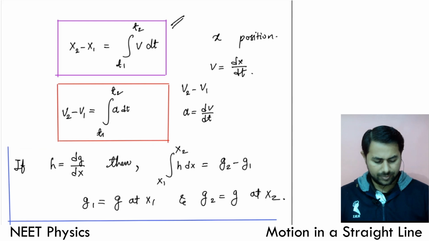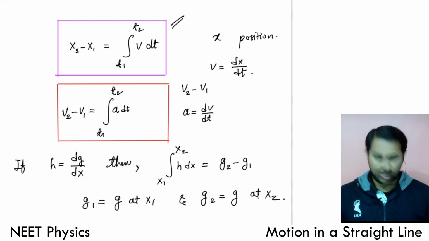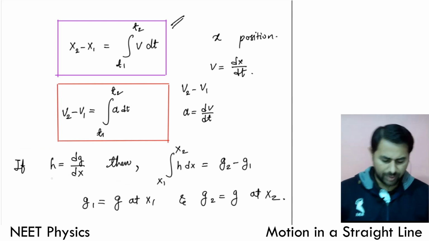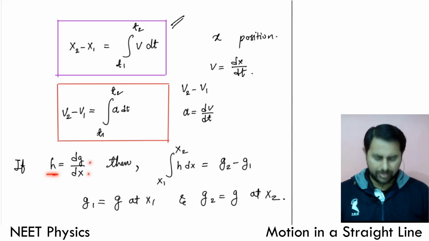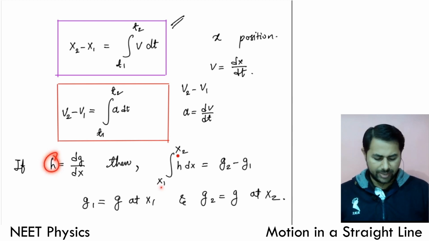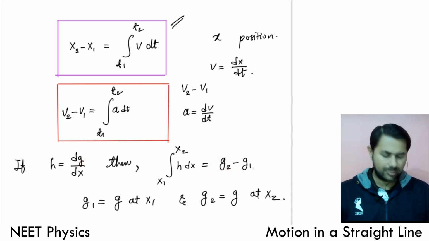Right? And actually we have seen all of this in basic maths, but just recalling this: if h is equal to dg by dx, if h is the derivative of g, then if you integrate h from x1 to x2, you get the value of g at x2 minus the value of g at x1.